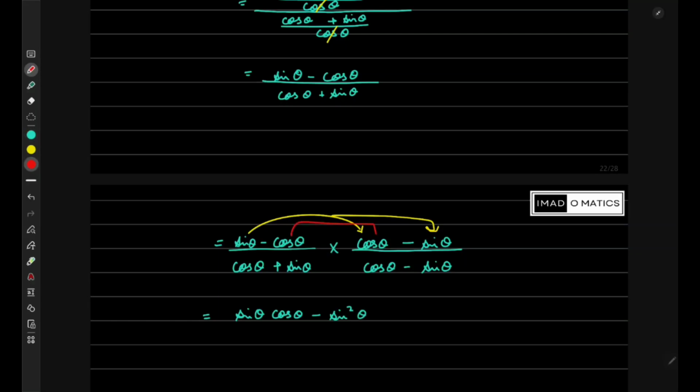Now multiply cos theta with cos theta and sin theta: cos square theta plus sin theta cos theta minus sin theta cos theta... cos square theta minus sin square theta.